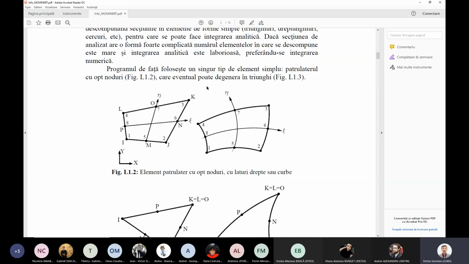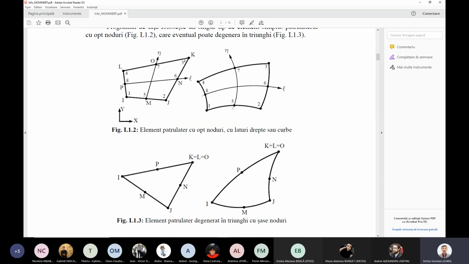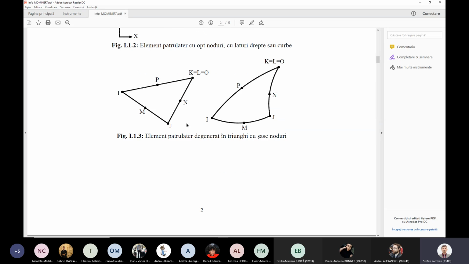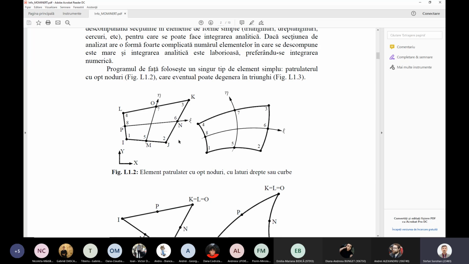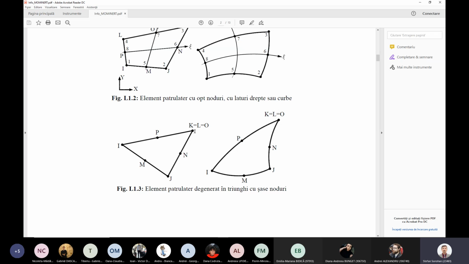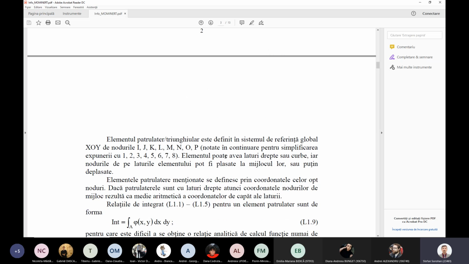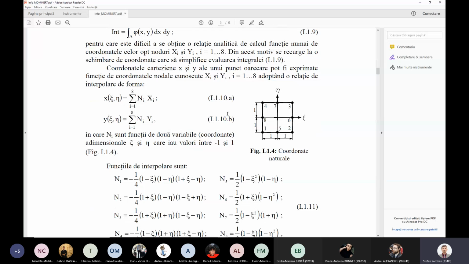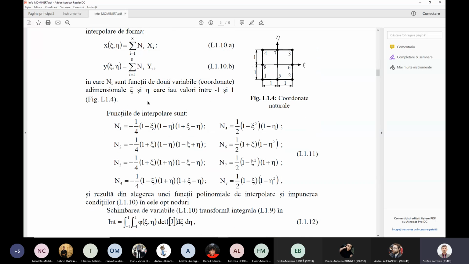Of course, this is a similar finite element code. This is my finite element code, which I used for other students. And we can have here quadrilaterals with curved or straight lines, or even triangles. The theory used here, as you can see, is complex.